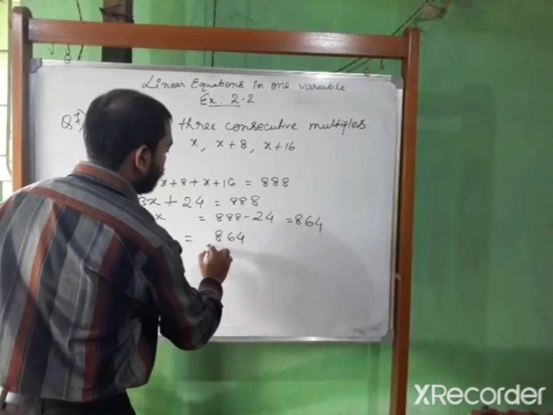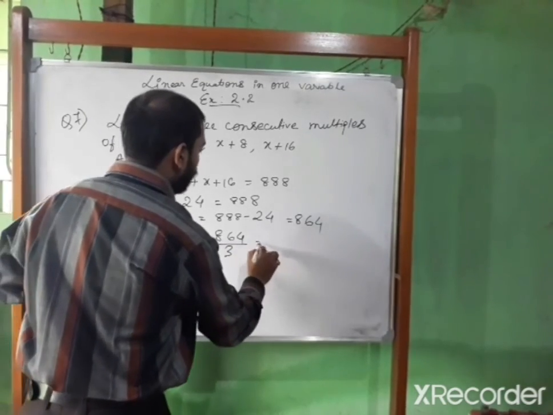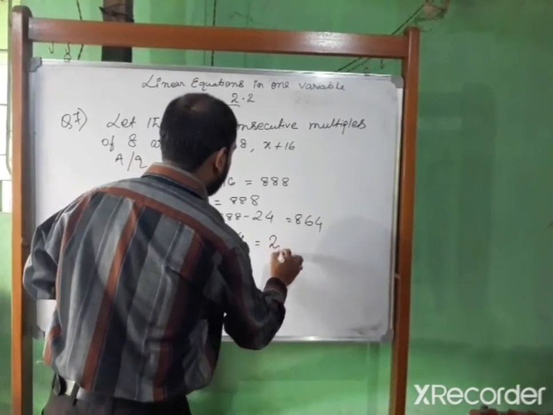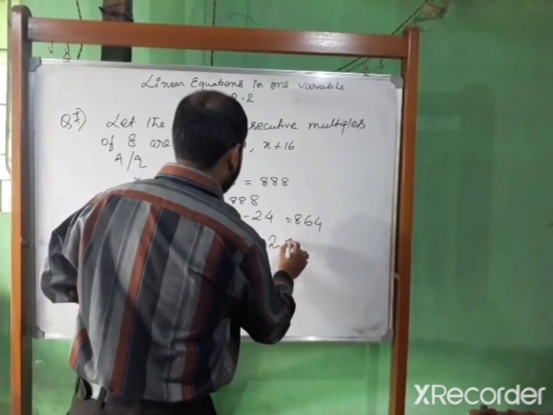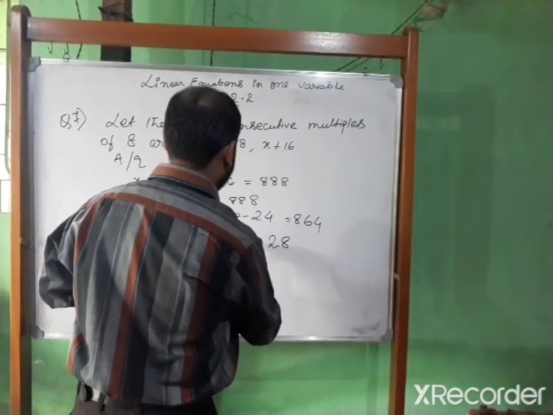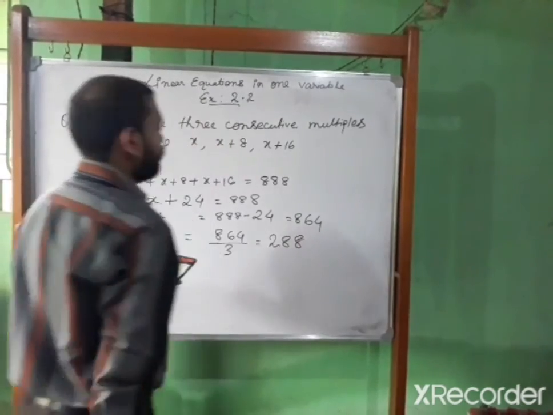Therefore, x is equal to 864 divided by 3. So it is 288.